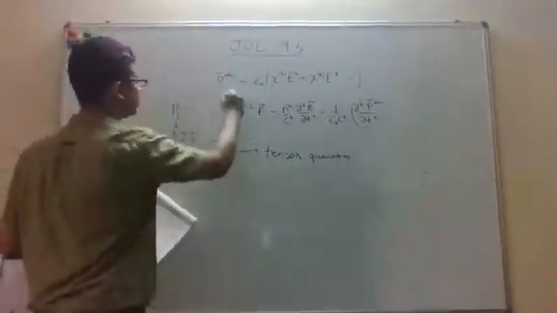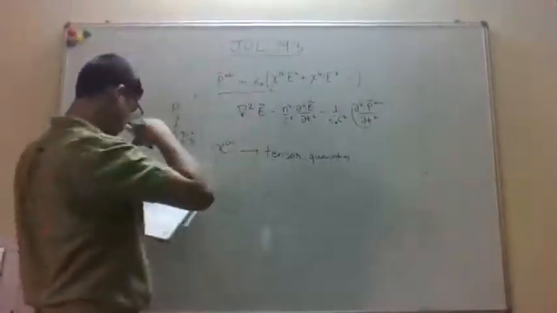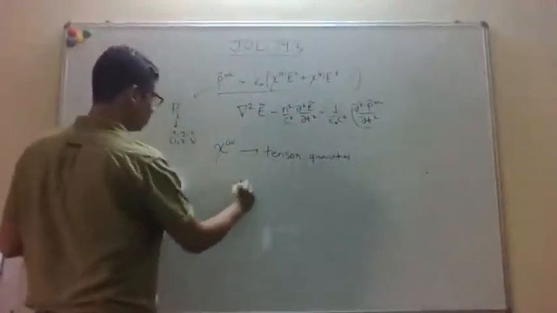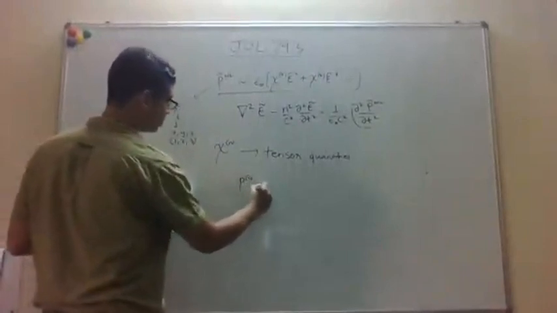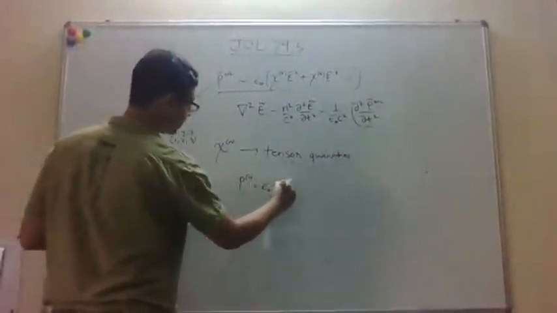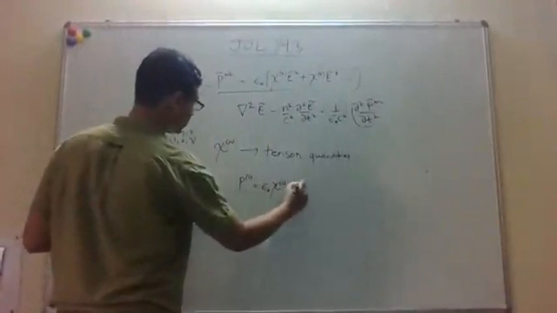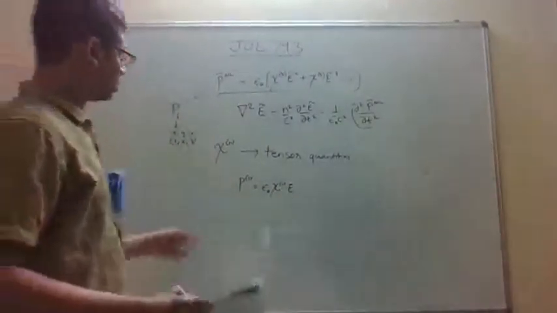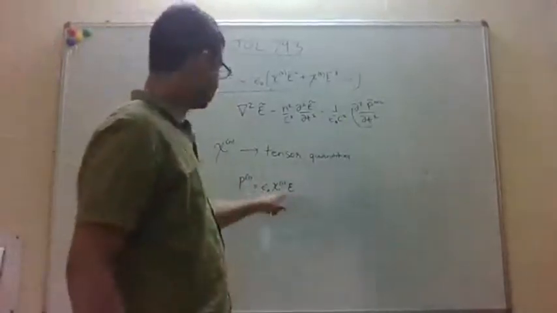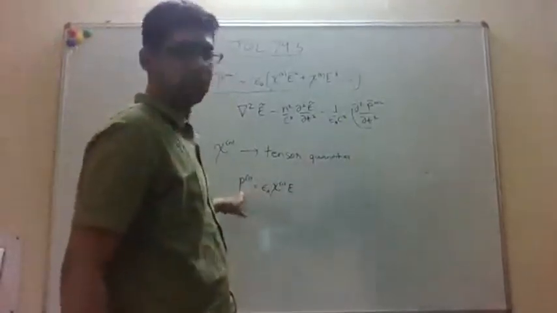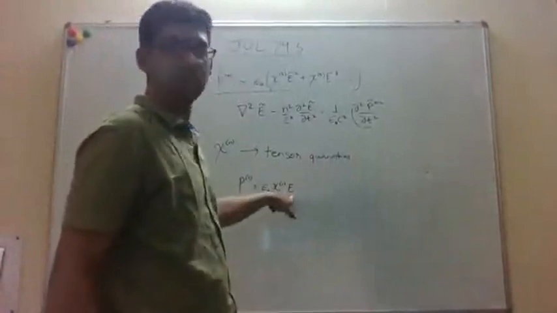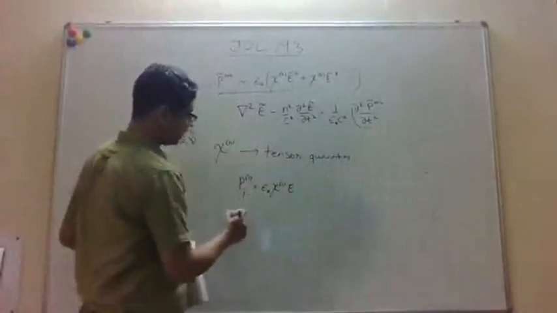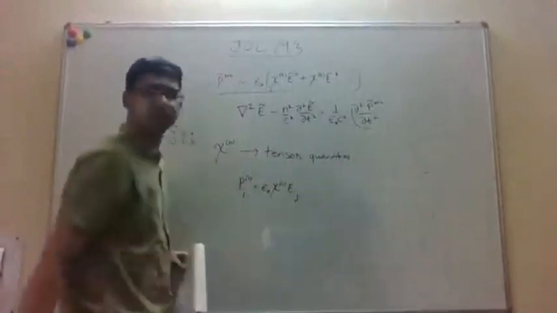So if I look at, let's say, the first order or the linear polarization, that goes like that. Now P and E are vectors. I could take any direction out of the 3 for P, any direction out of the 3 for E. So I call this direction i, this direction j.